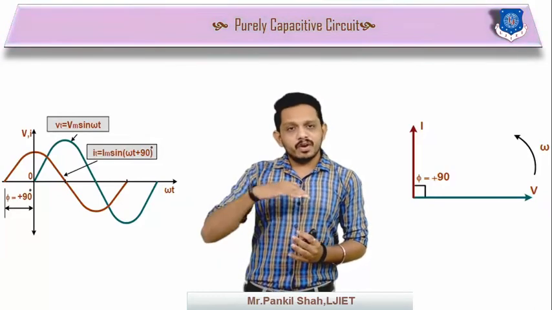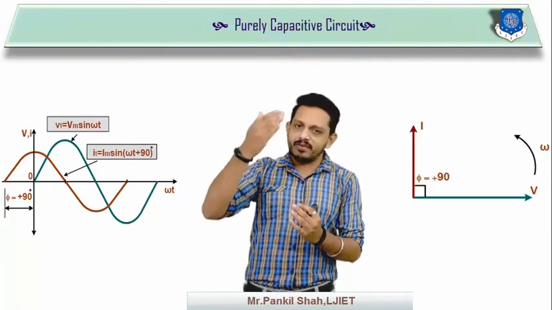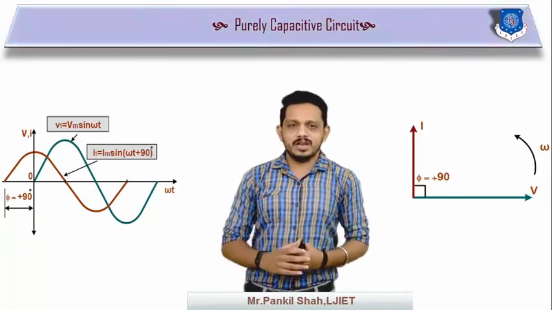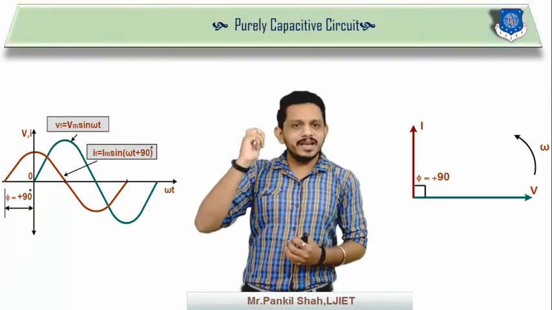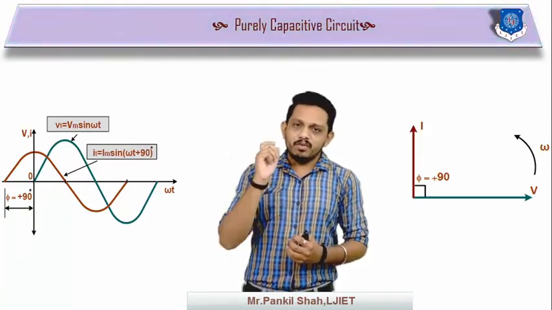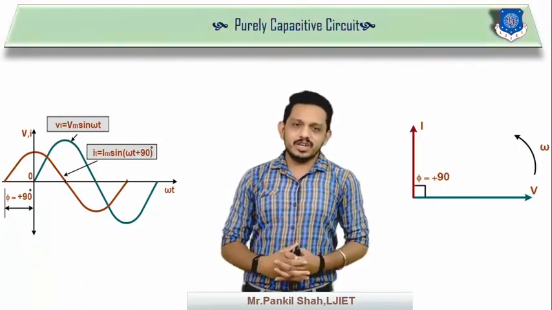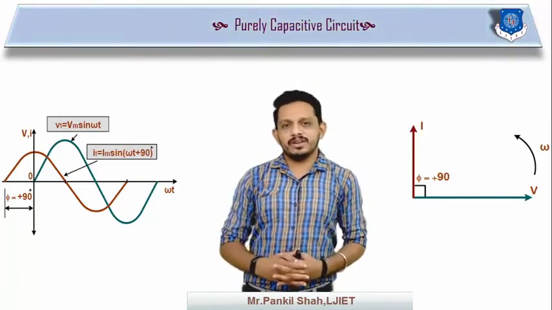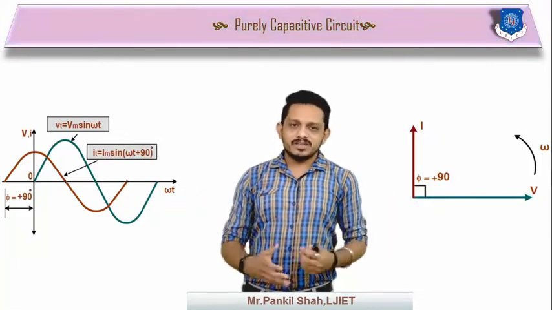So if our quantity is leading, meaning it has a positive angle, it will be drawn upwards, and if our quantity has a negative phase angle, for a lagging quantity, it will be drawn downwards. Here current has a positive 90 degrees, so current will be drawn 90 degrees upside of this voltage. So this is nothing but the phasor diagram of the pure capacitive circuit.